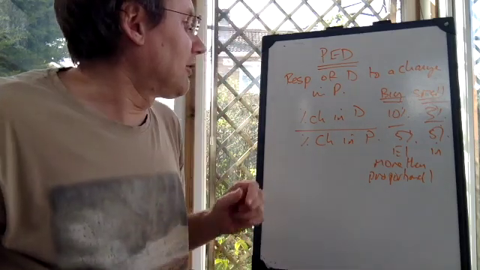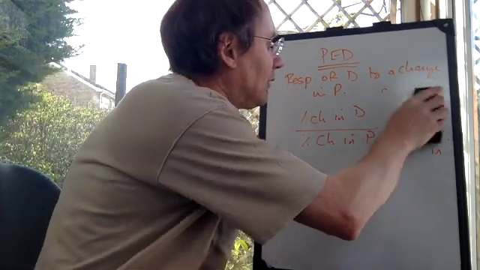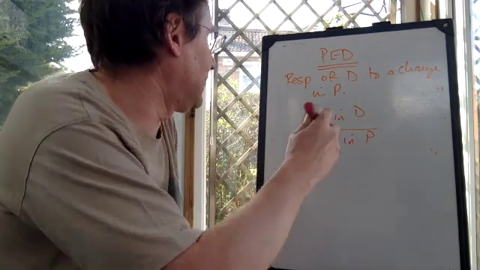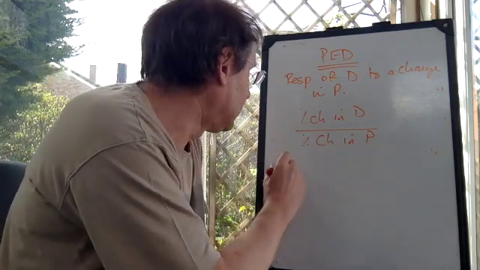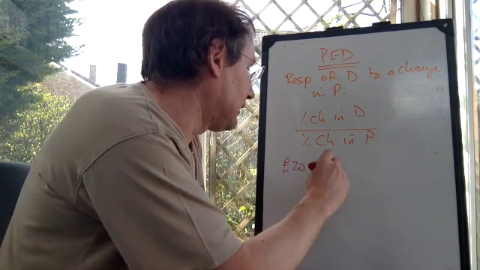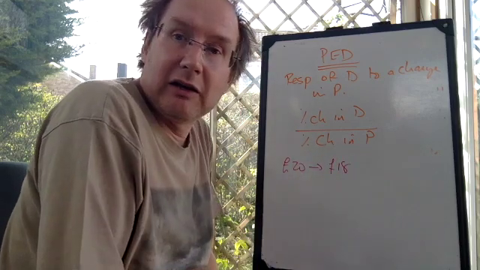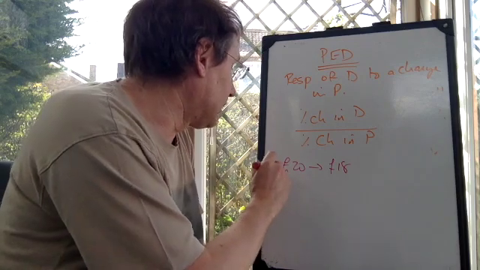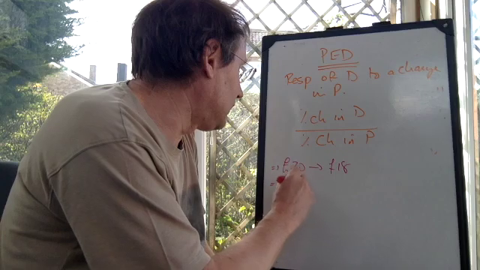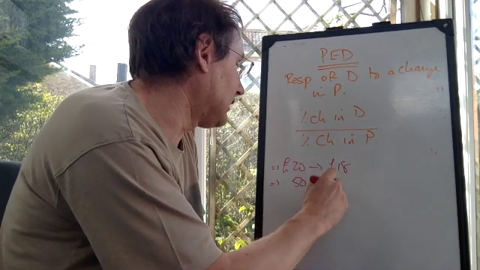So let's have a look at an example to see how that works. Let's suppose that a firm cuts its price from £20 down to £18, and as a result sales rise. So its demand rises from 50 units a week to 60.